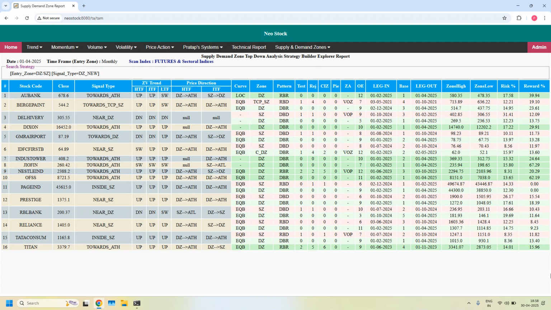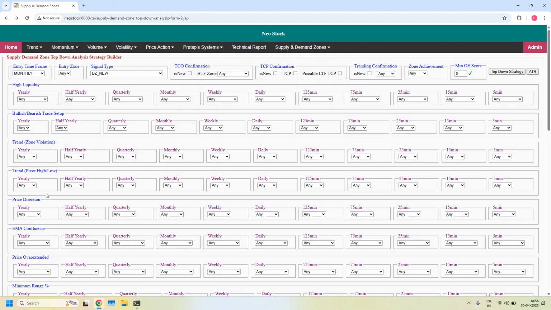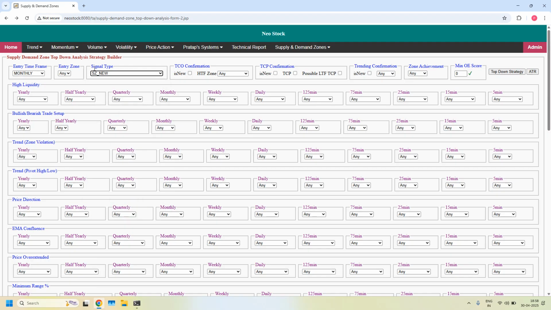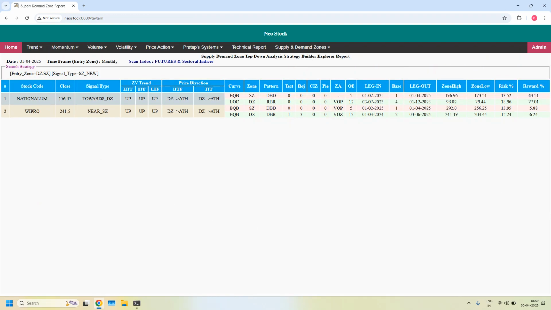Similarly, let us find the stocks having newly created monthly supply zones. Monthly time frame. Let us find the stocks having newly created monthly supply zones. So these two stocks are having newly created monthly supply zones.